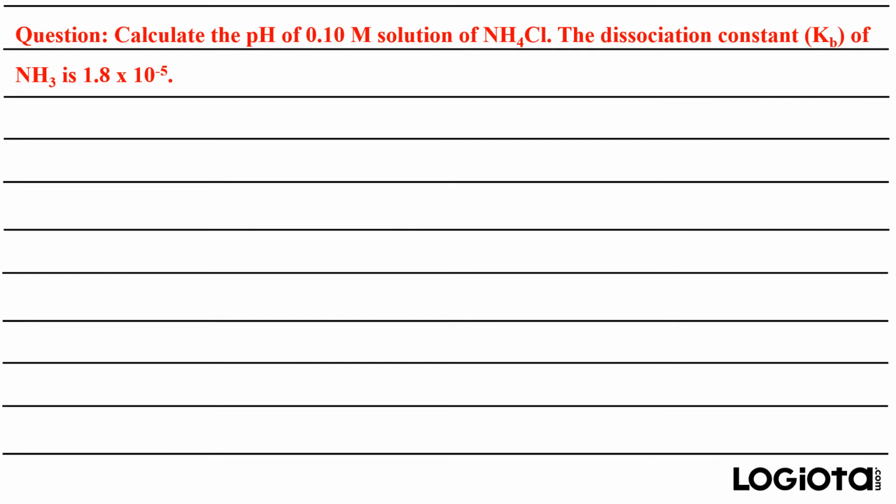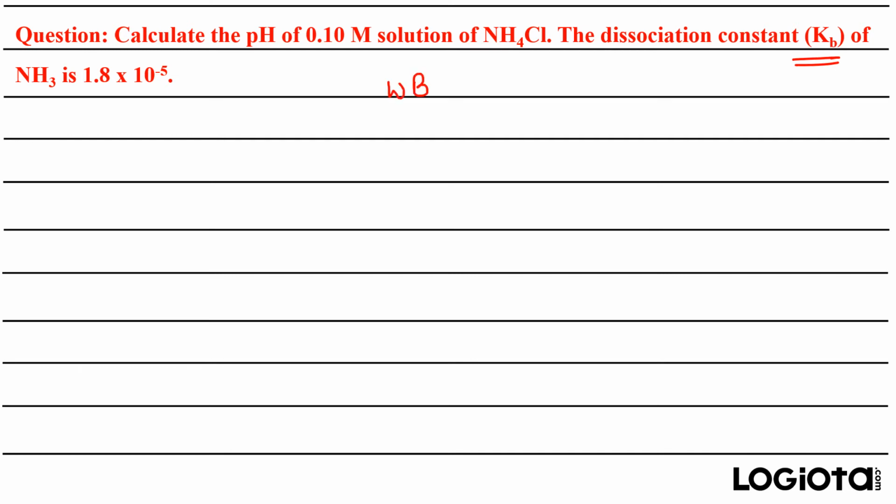So the question is, calculate the pH of 0.10 molar solution of NH4Cl. The dissociation constant Kb of ammonia is 1.8 multiplied by 10 to the power minus 5. Now you can see here that Kb is given, so it means that it is made up of a weak base.